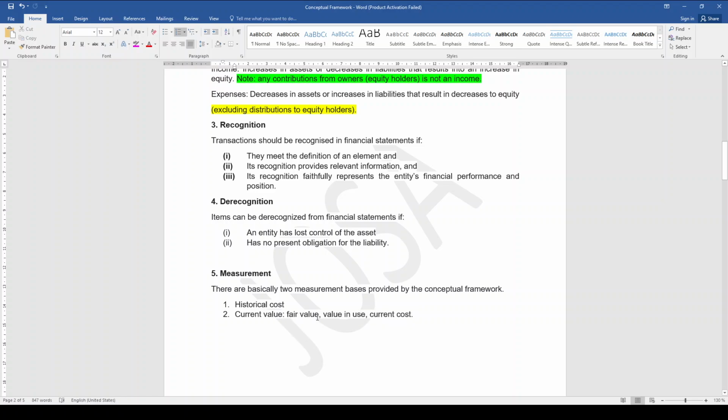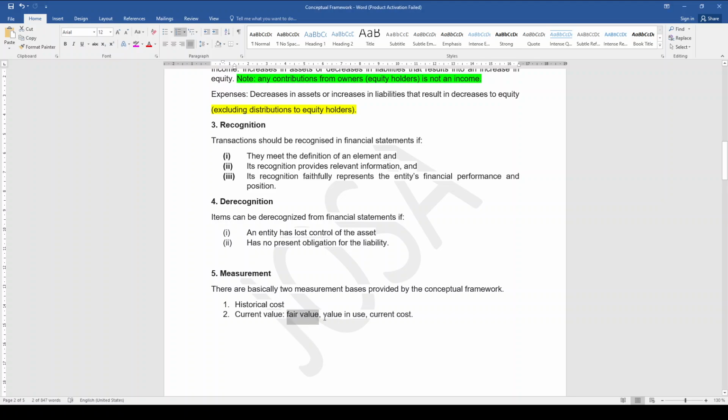Fair value, of course, this is the money that you're going to receive in a market that is organized, normal, with no forced sale, where all the participants are fully aware of the conditions under sale.